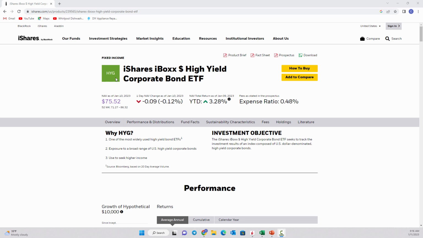So the reason I came into HYG, or you could use JNK the same way, these are ETFs that track the junk bond market or high yield corporate bond market. HYG is the symbol, or JNK is the symbol. Again, JNK stands for junk, right? High yield corporate bond ETF. If I go into the holdings, so this one, HYG, is made by iShares.